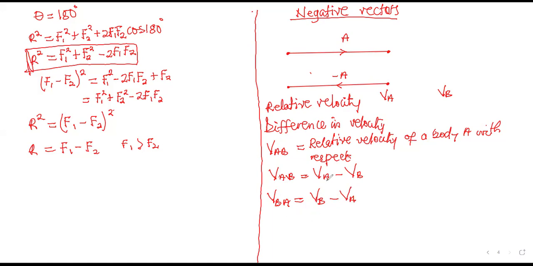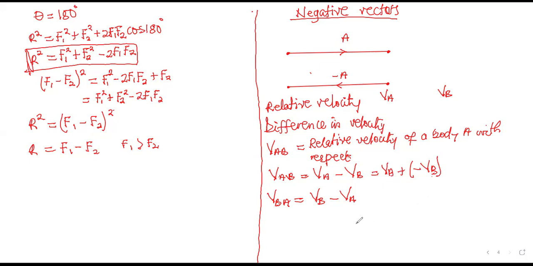So this is one instance where we use negative velocity, meaning that to determine the velocity of A with respect to B, you must negate the velocity of B and add it to the positive velocity of A. That is basically what it means.